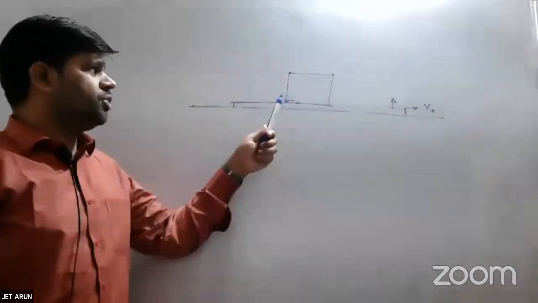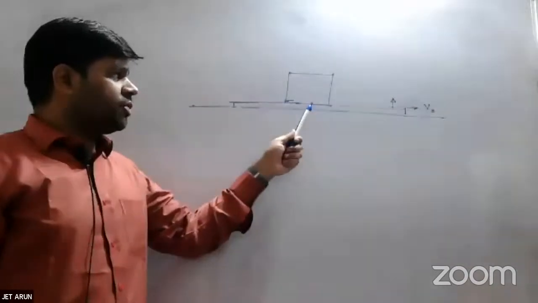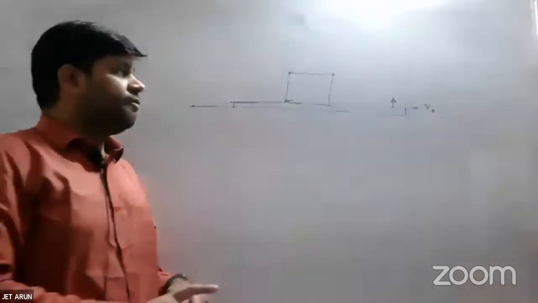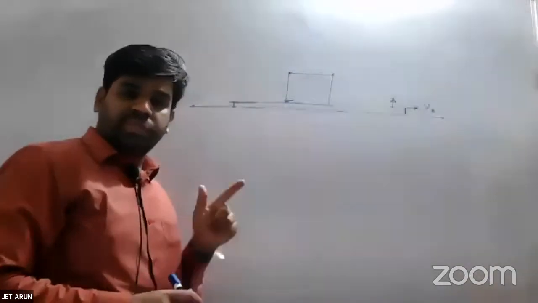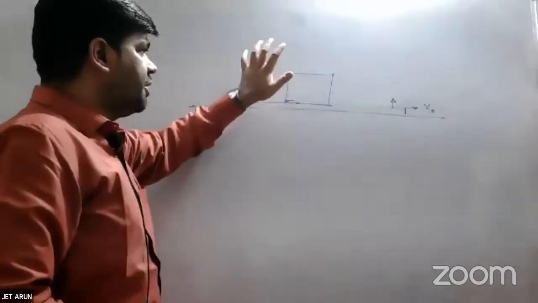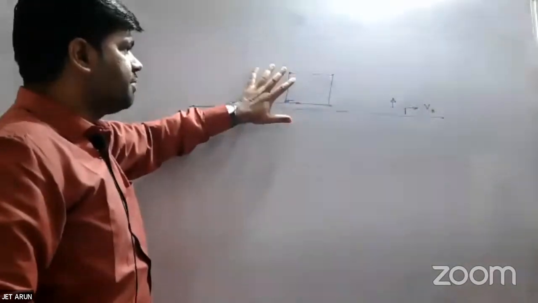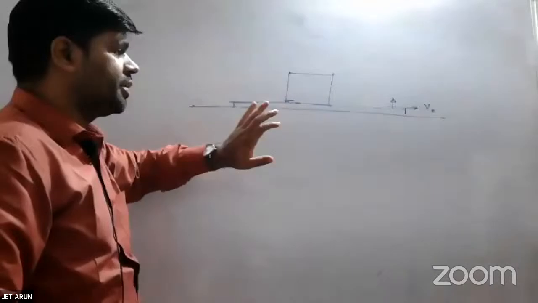So friction will act on the particle towards right. Kinetic friction always opposes the relative motion. This is moving towards left, so it will try to reduce its velocity with respect to the plank. It will try to bring it to rest with respect to the surface in contact.